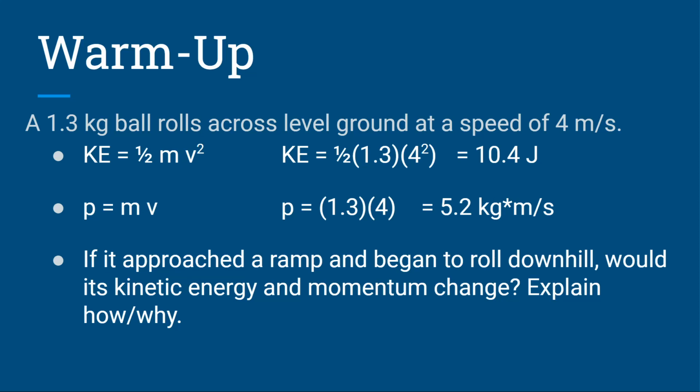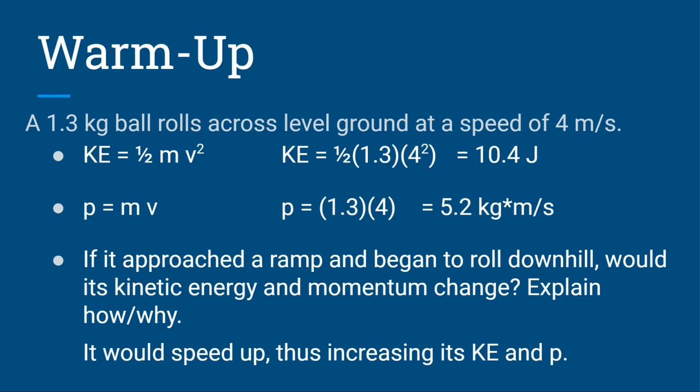Yeah, because it gets faster. When something rolls downhill, it gets faster. If its velocity increases, then that's going to change not just kinetic energy, but also momentum. Both of those equations have velocity in them. So if that ball rolls downhill, yes, it will speed up, thus increasing both its kinetic energy and its momentum.